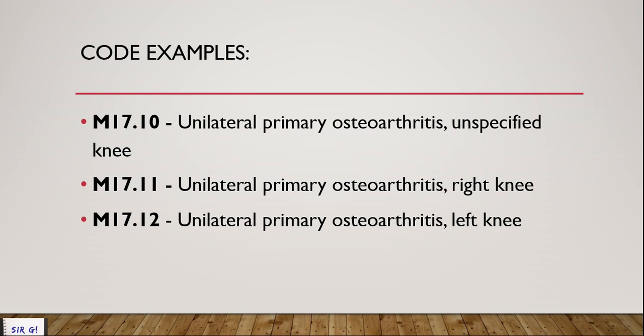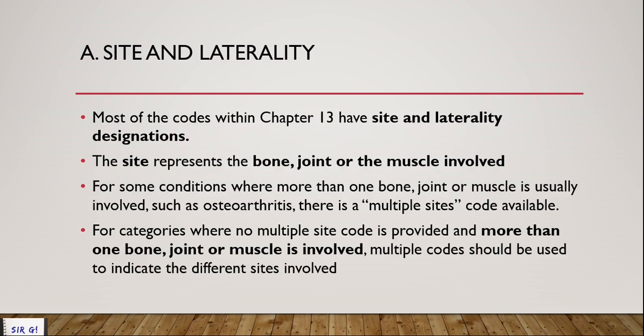This is in connection to your first guideline, which is site and laterality. Most of the codes in chapter 13 have site and laterality designations. Meaning, for most of the codes that you may encounter in chapter 13, you need to know the specific site or anatomical location and the laterality, whether it's left, right, or unspecified.